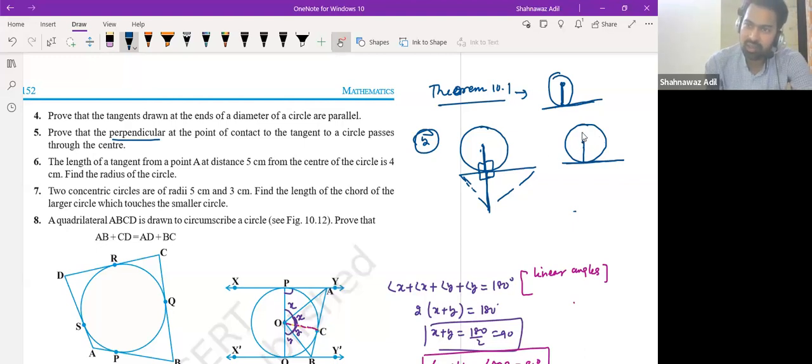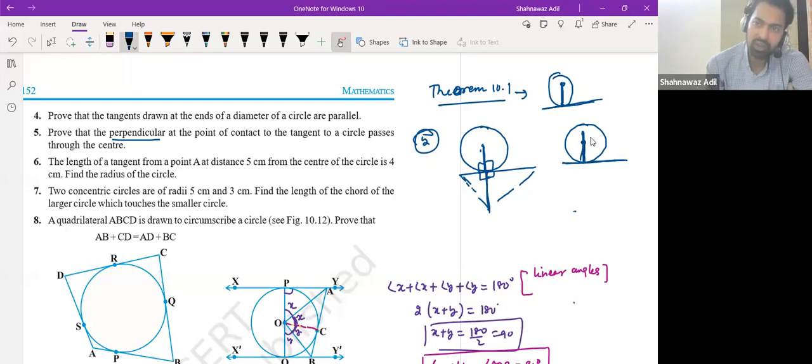Or let's say that we say this is the perpendicular, and let's say this is not the radius. So we are drawing a perpendicular like this from the center. Then this radius will lie on this perpendicular, so it is also passing through this center.